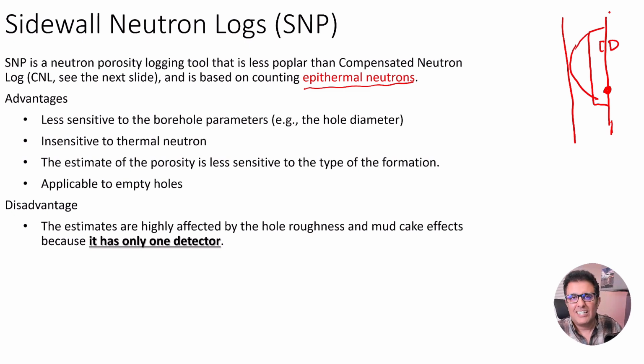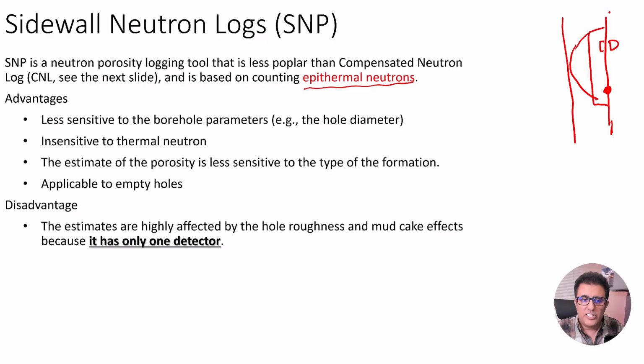It means that if we have a wrong assumption about lithology, the estimate will not be that horrible compared to other logging tools that are based on thermal neutrons. It means that the estimate of the porosity is not accurate, but not horrible.